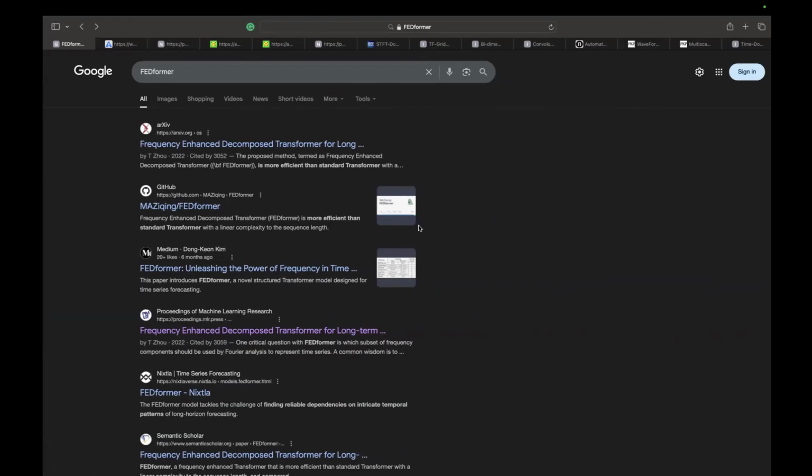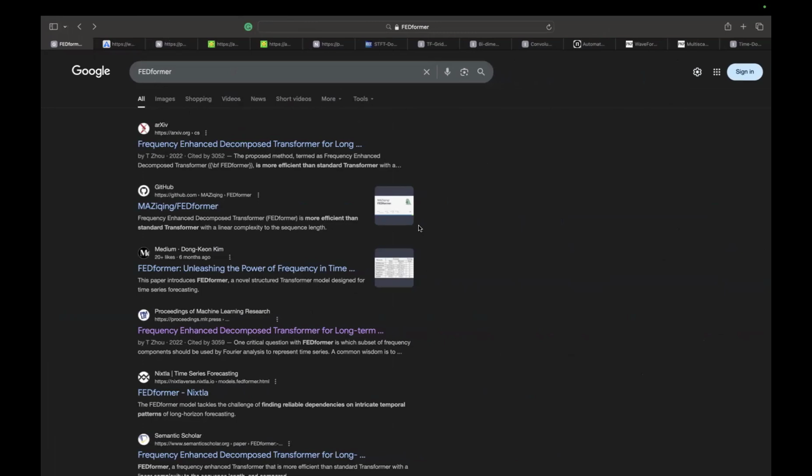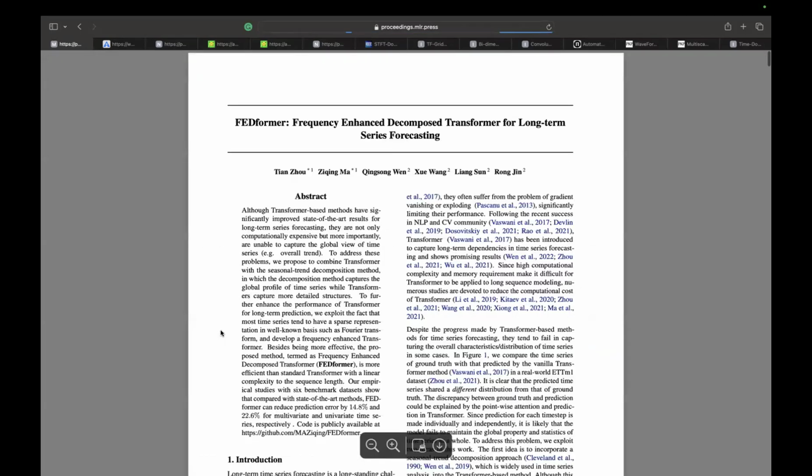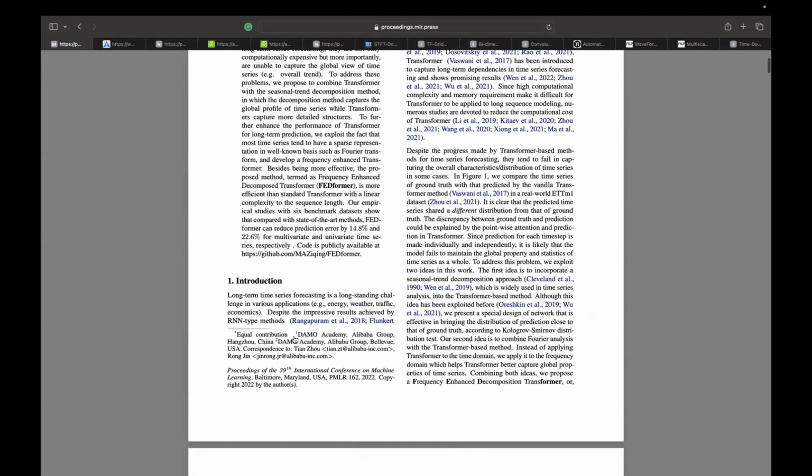So let's look at some recent ML related papers which are using Fourier transform. An example is this FEDformer, which is frequency enhanced decomposed transformer. This is an ICML paper, if I'm not wrong, with more than 3,000 citations.